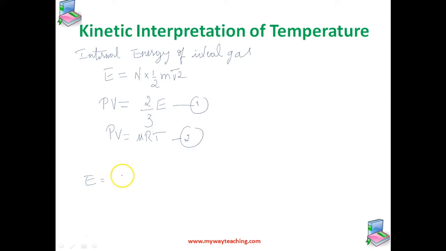E is equal to 3 by 2 N kB T, or we can write E by N is equal to 1 by 2 m v bar square, that is equal to 3 by 2 kB into T.